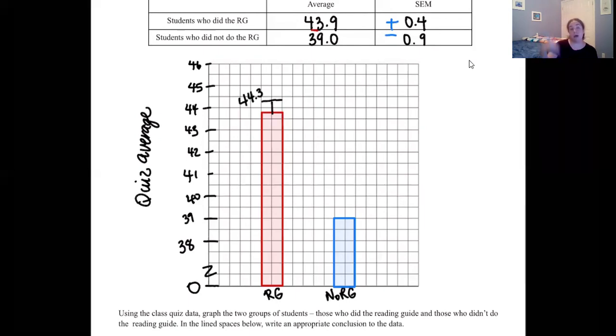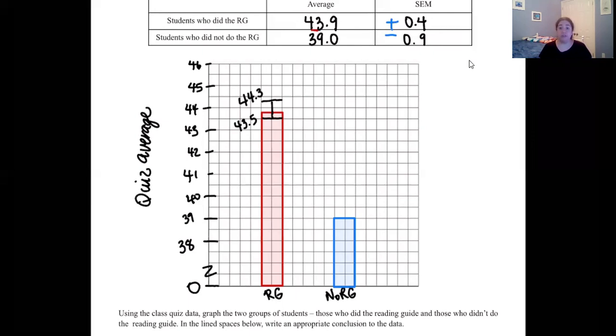So now to get the bottom of the SEM bar, I'm going to take 43.9 and I'm going to subtract 0.4, and that gets me 43.5. So that's going to be this line right here. And again, I'm going to write 43.5 as my data point.